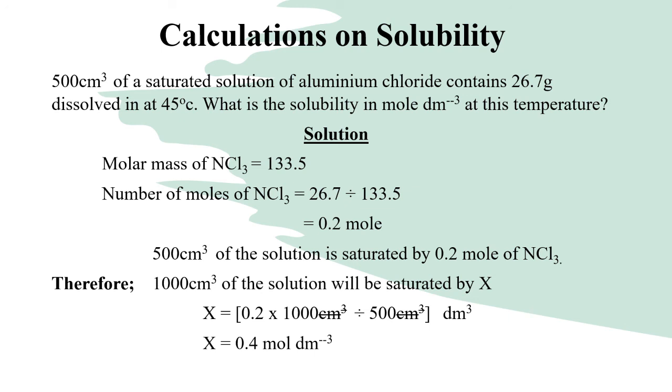So we represent it by what? X. You cross multiply and divide. Your X is what? 0.4 mole per dm³. So the solubility at 45 degrees centigrade is what? 0.4 mole per dm³.